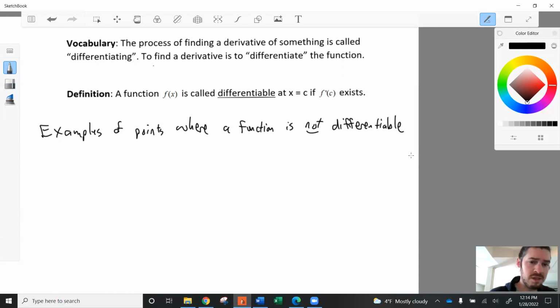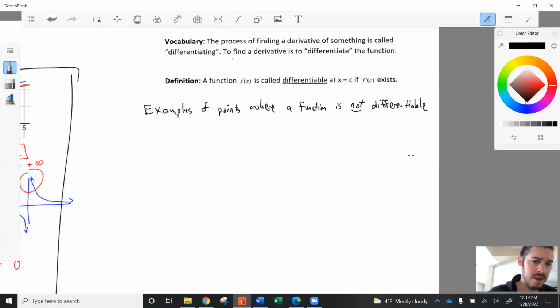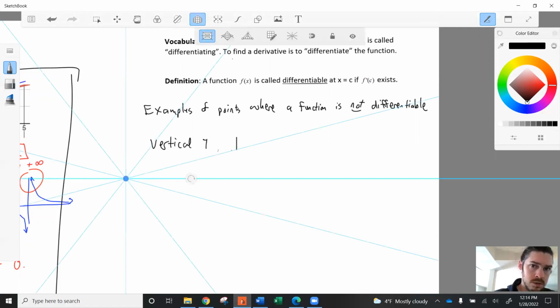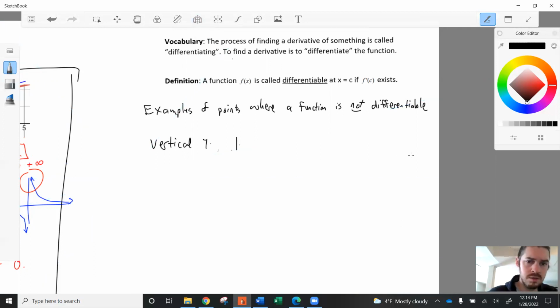So one way that this can happen, what we've already examined, is the vertical tangent situation. Sometimes my computer gets confused about what I'm doing. So I'm going to draw a graph other than the one we just did. You can have functions that sort of go like that.